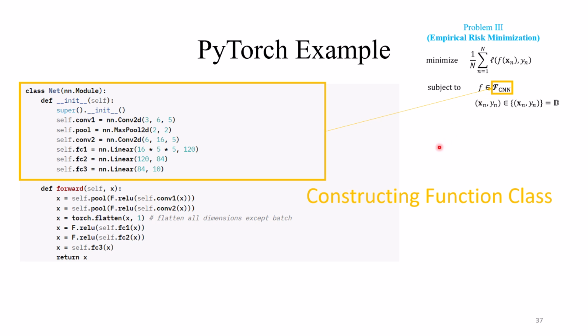And here, when we define a particular class in PyTorch, this corresponds to a particular function class or hypothesis set that we previously mentioned. This specification determines the complexity of the hypothesis set or the VC dimension of the function set.